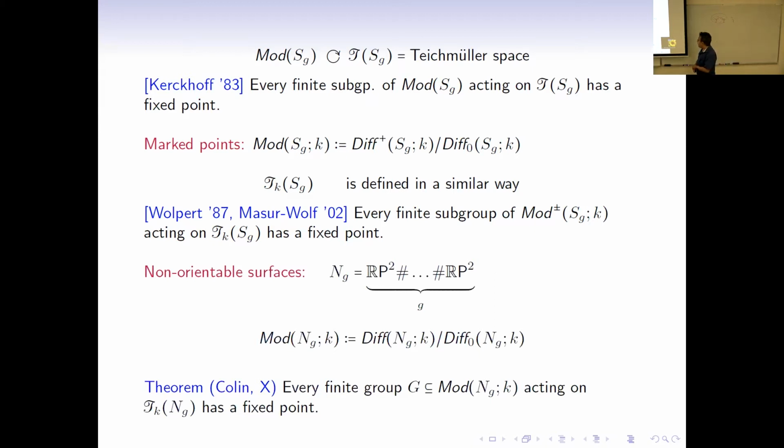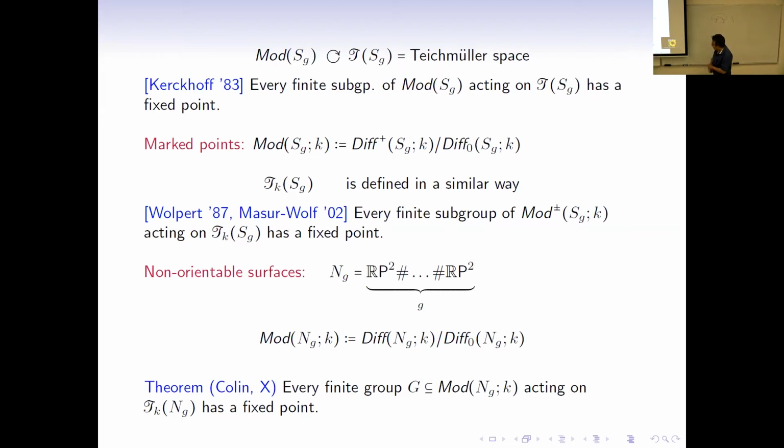Now people have recently started looking at non-orientable surfaces, and the way you define the mapping class group in this case is by looking at all diffeomorphisms of the surface and dividing by the connected component of the identity.